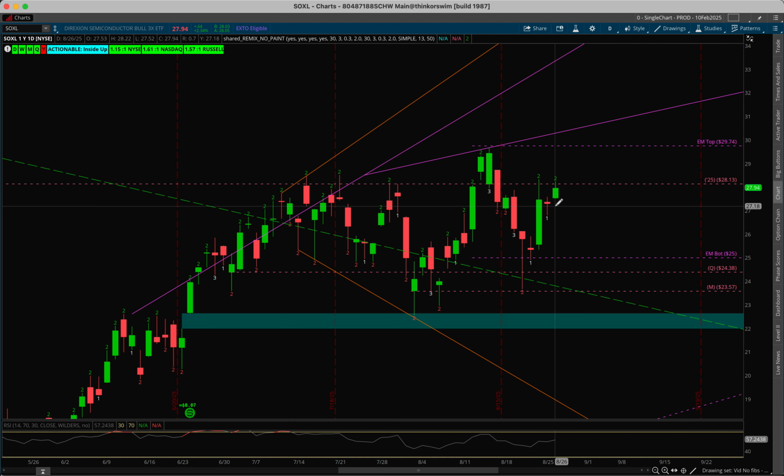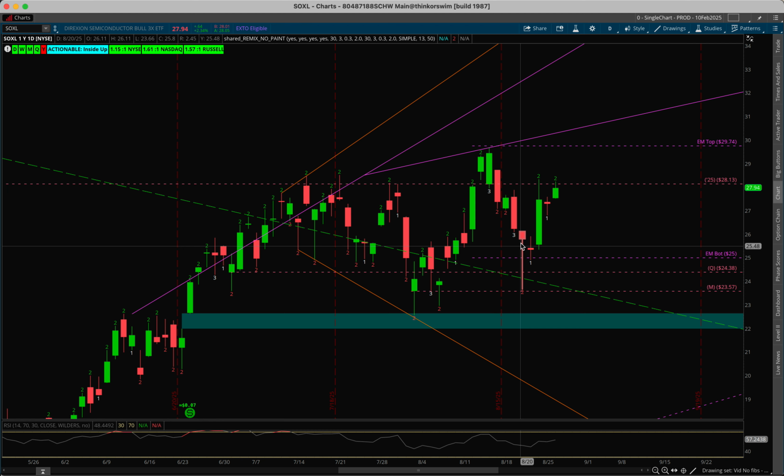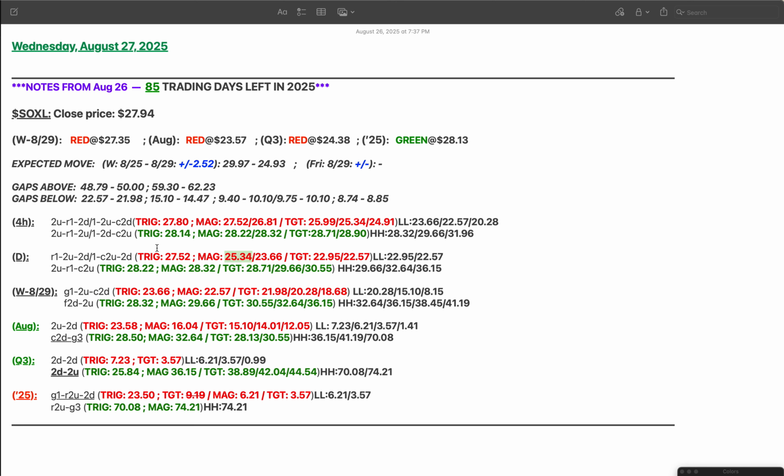Again, why we love the 1-2 up, 2 down, because the trigger is the bottom of the 2 up, but the target is not the low of the 1, but it's the candle to the left of the 1. So that would trigger at 27.52. So we see here to the trigger to the downside, 1-2 up, 2 down, trigger at 27.52. Magnitude of 25.34. So that's the candle, this candle right here, the low of this candle. So that gives us a lot more magnitude to work with.